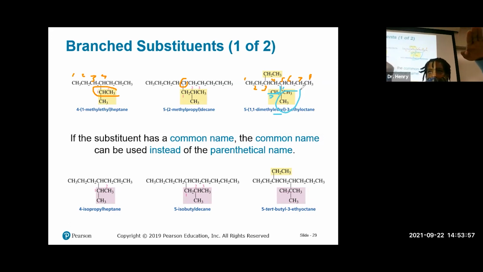So they're both ethyl. So normally we'd say diethyl to group them together. But this one has more complexity to it. So we're going to give it a priority, and make it go first in this case than the other ethyl, right? Now, if this was a propyl, then it would go back because then it's based upon alphabetical. So let's say instead of this being an ethyl, this guy was a propyl.